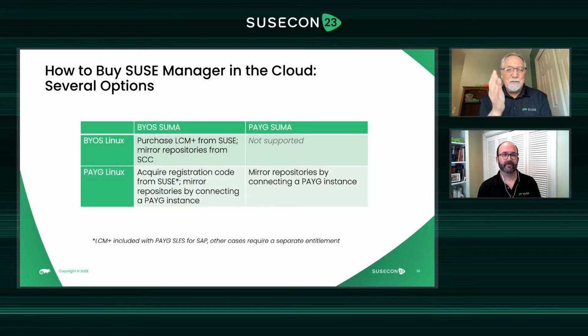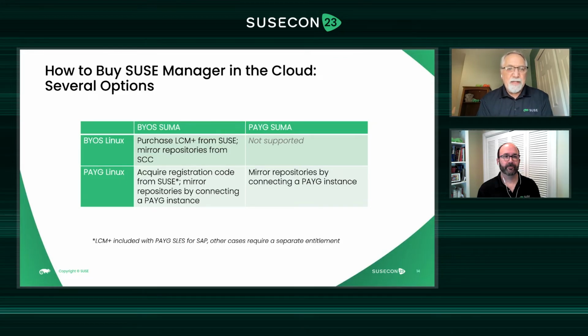With BYOS SUMA, which is the way it's always been, you purchase that Lifecycle Management Plus from SUSE, or in case of SUSE Manager for Retail, you use the retail branch server as an entitlement for SUSE Manager for its clients, and mirror the repositories from SCC, so they're coming through your SUSE Customer Center entitlement account.